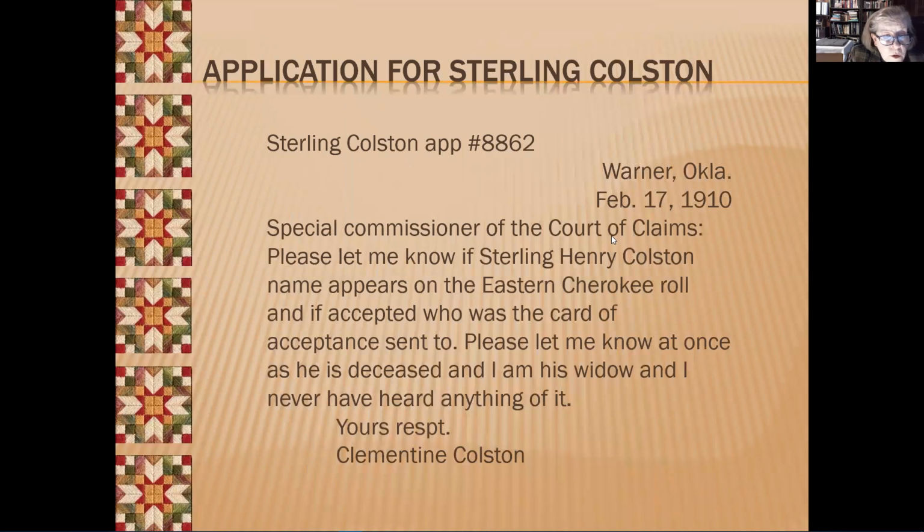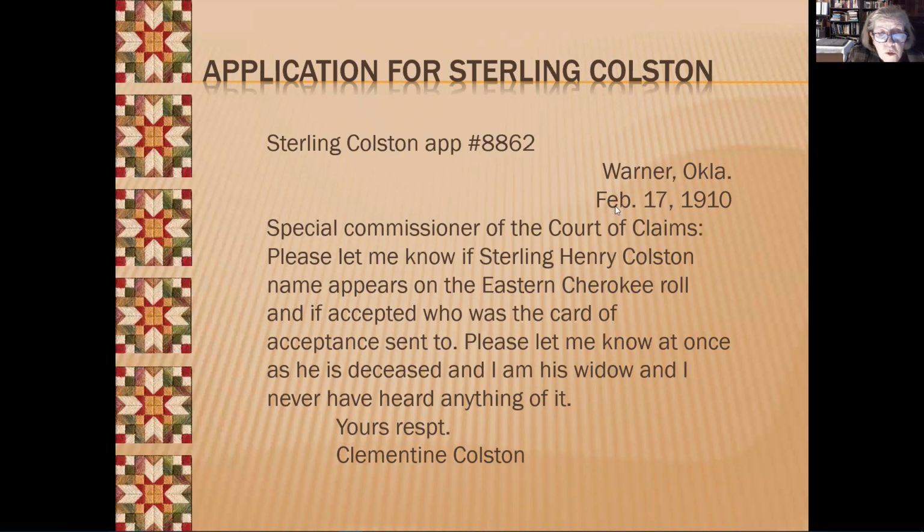Special Commissioner of the Court of Claims, please let me know if Sterling Henry Colston name appears on the Eastern Cherokee roll, and if accepted, who was the card of acceptance sent to? Please let me know at once, as he is deceased, and I am his widow, and I have never heard anything of it. And here's Clementine.